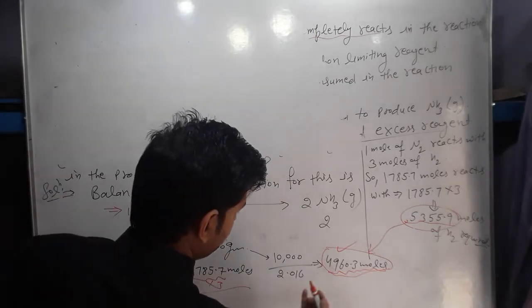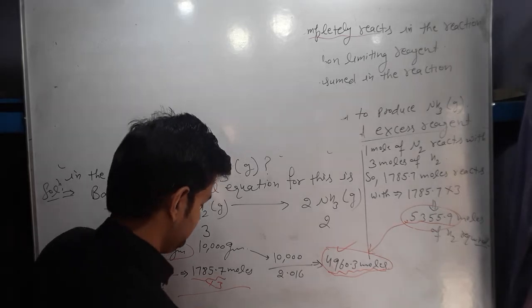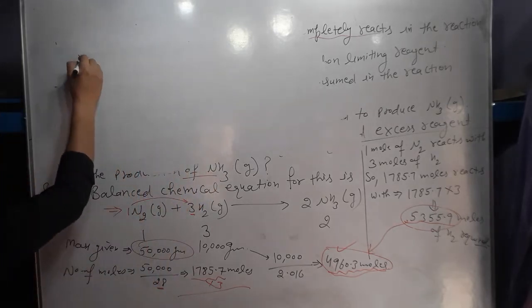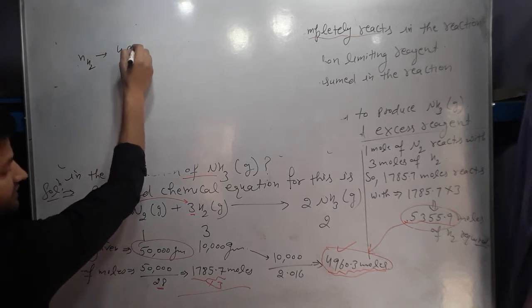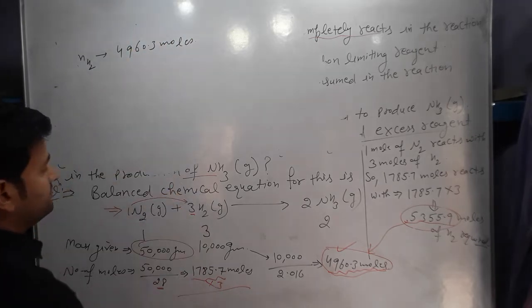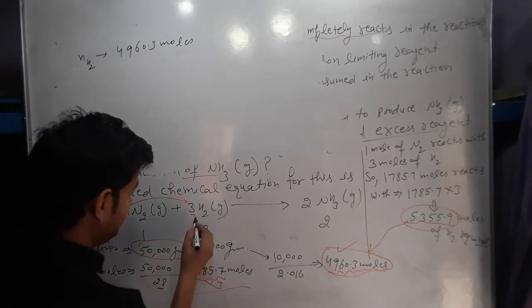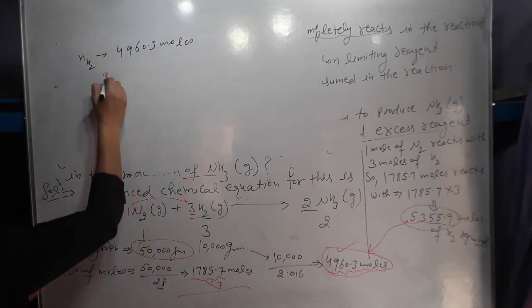The number of moles of hydrogen is 4960.3. According to the reaction, 3 moles of hydrogen produce 2 moles of ammonia.